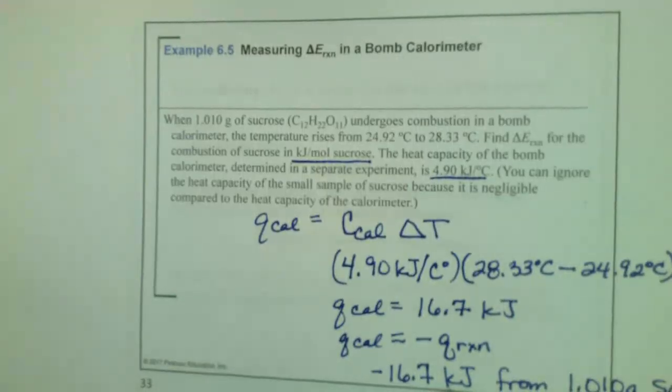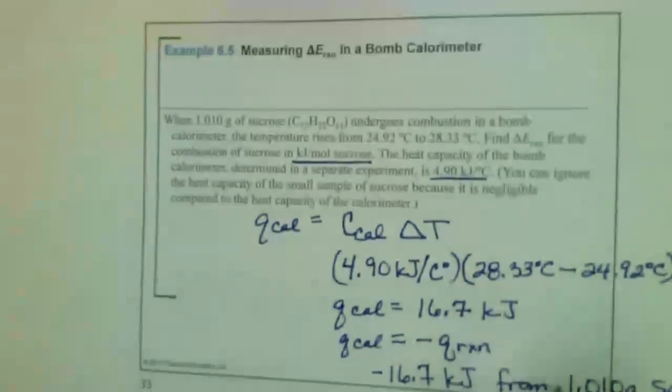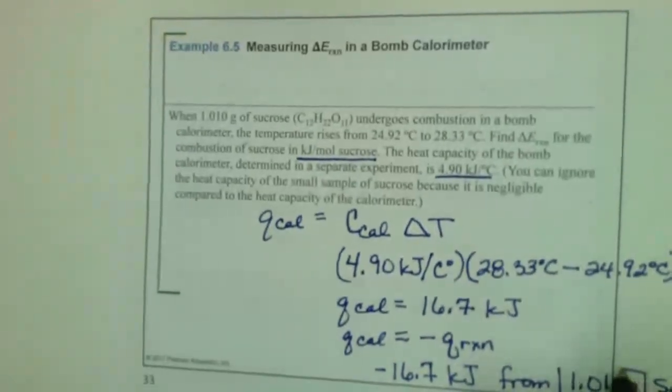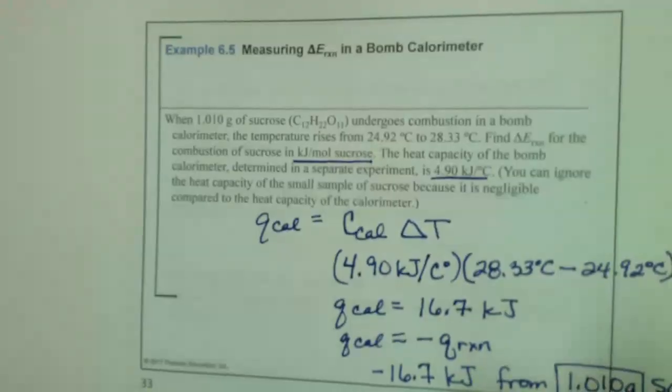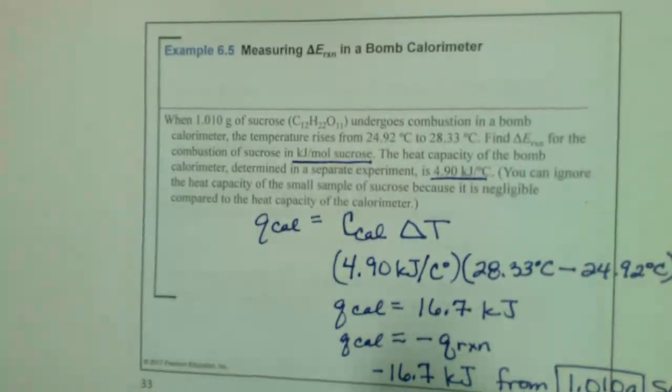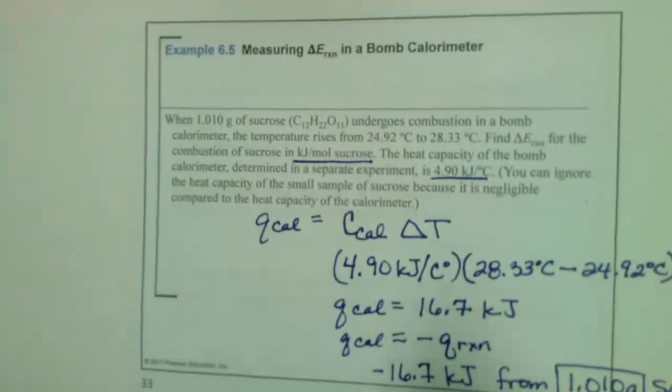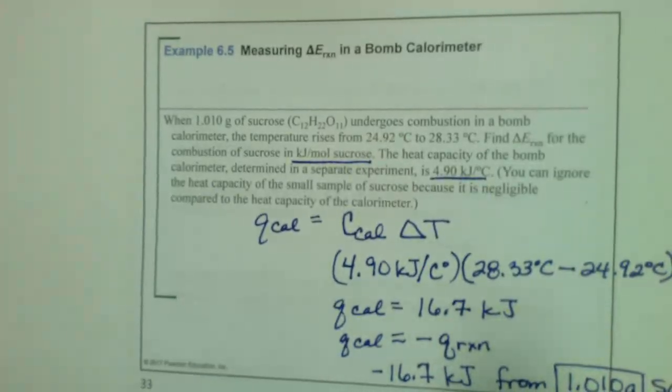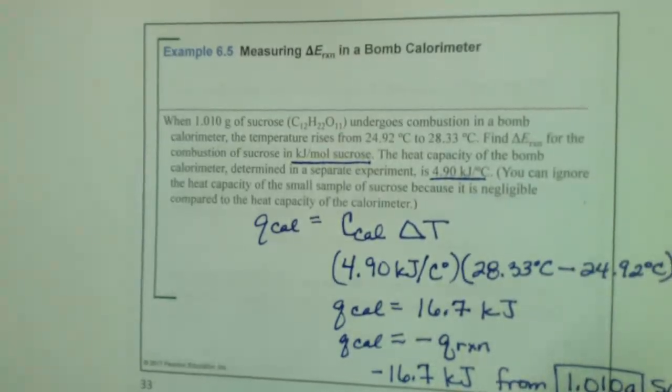Okay, well, that would be kilojoules if we divided it by this per gram. So we're going to have to change it from kilojoules with grams to moles. So the first thing, I'm going to keep this value, but I'm going to change this to moles. Okay, so if I do that, I've got 1.010 grams C12H22O11.